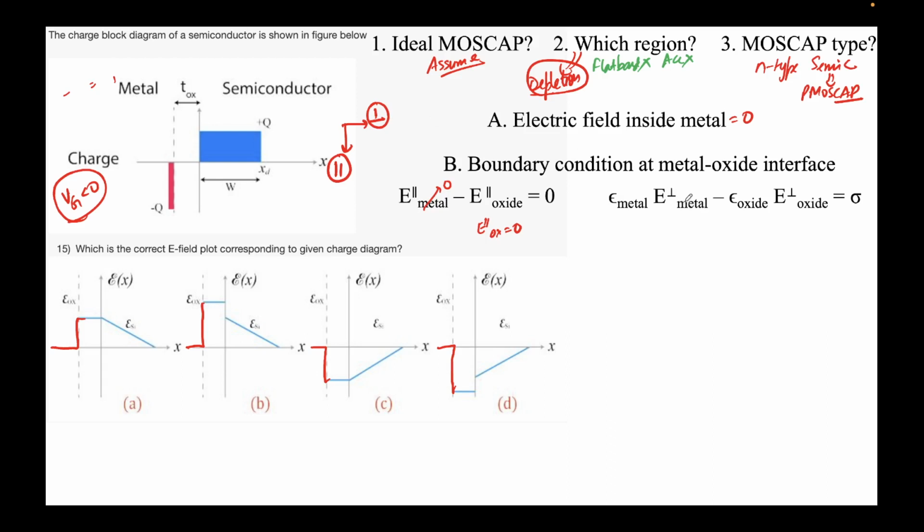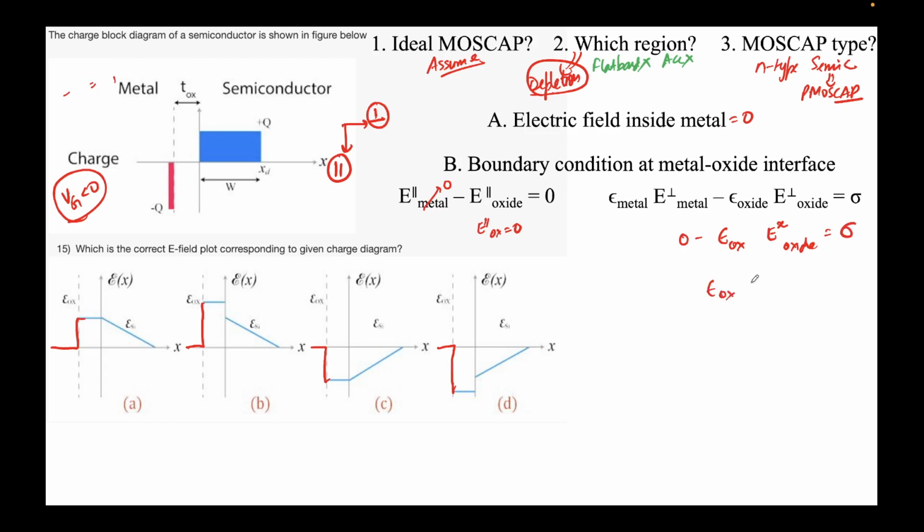Electric field inside metal is 0, right? So this will turn out to be 0. So 0 minus epsilon oxide Ex, or perpendicular, note this direction is x, equal to sigma, the charge over here, which is, let's say, minus q.